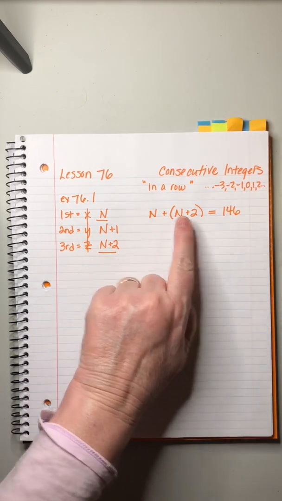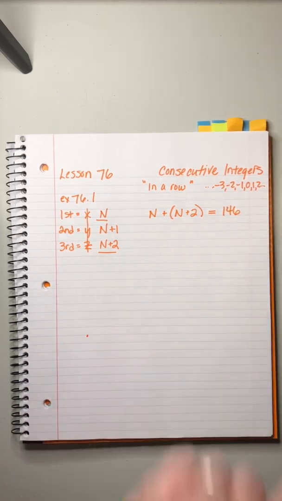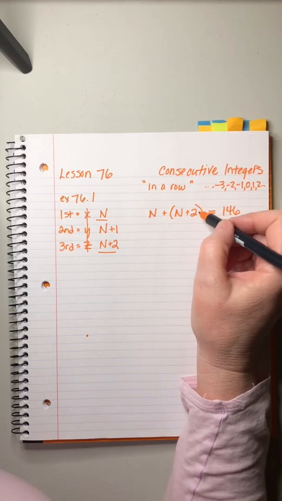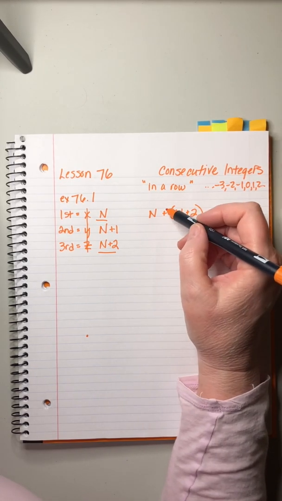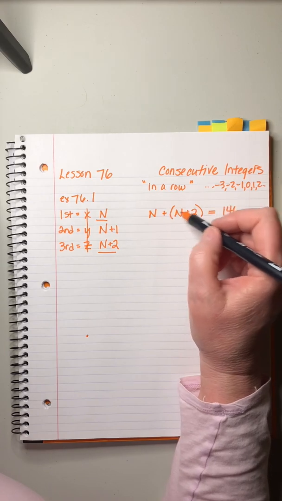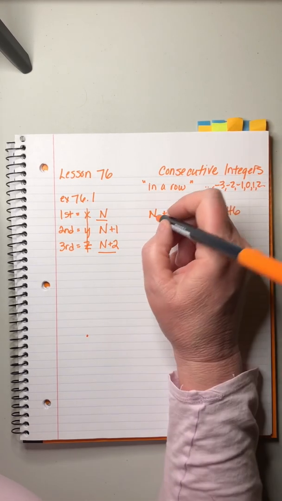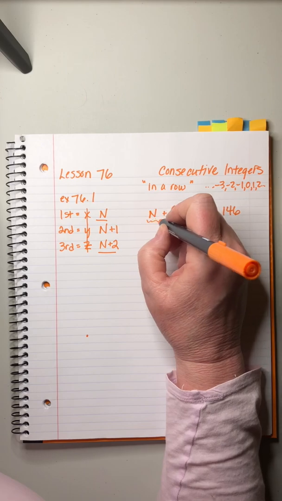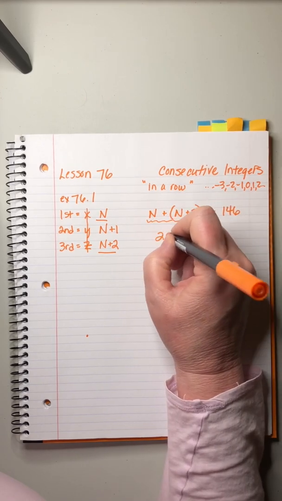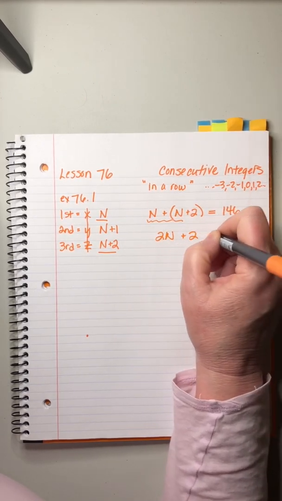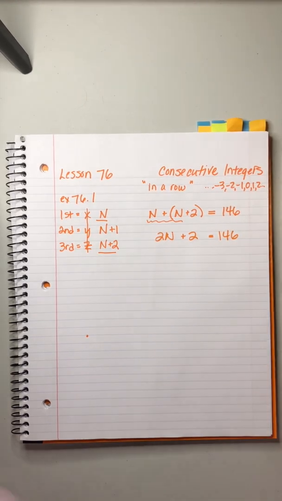The sum of the first and the third is 146. All right, now we just solve it. These parentheses aren't doing a darn thing because there's no number out here and there's no negative sign to change things around. So we can just take that off, or better yet, ignore it. And we'll change this to 2n plus 2 equals 146.